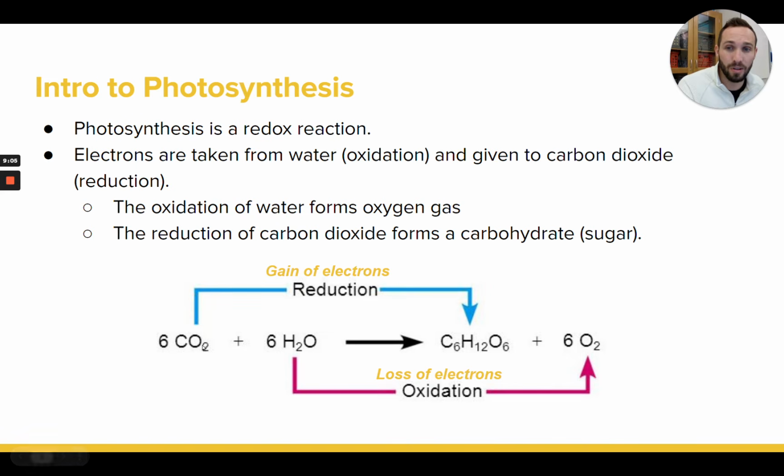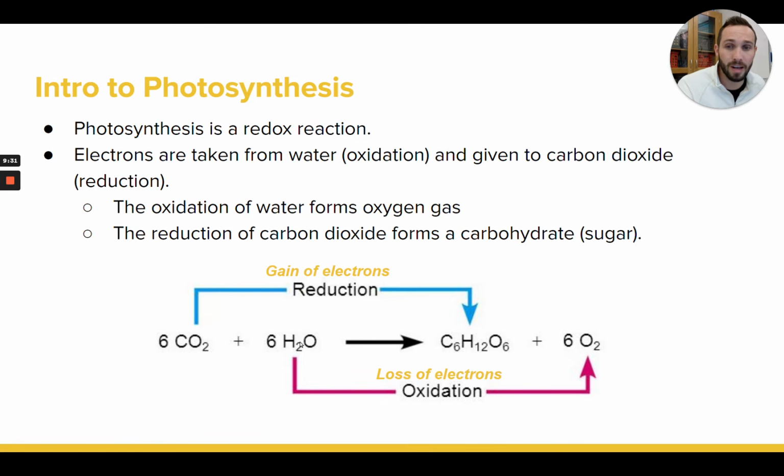So CO2 molecules are reduced in photosynthesis. They gain electrons, and as they start gaining electrons, it slowly starts producing glucose, or sugar, C6H12O6. So we're basically undoing what happened in cell respiration. In cell respiration, glucose lost electrons and was oxidized, becoming CO2. Now CO2 is going to gain electrons and turn back into glucose molecules inside of plants.